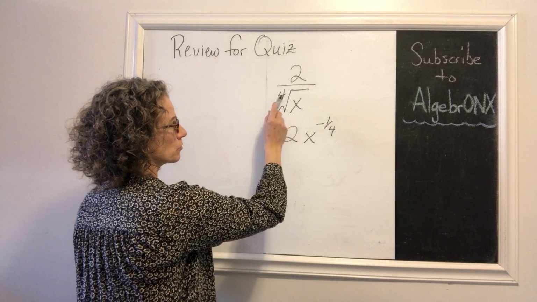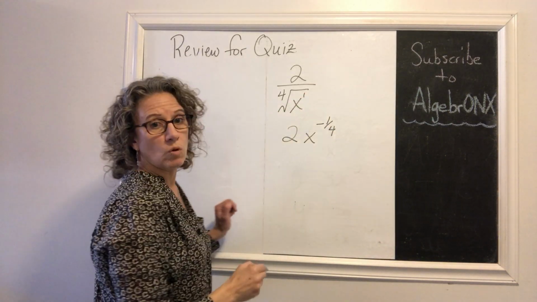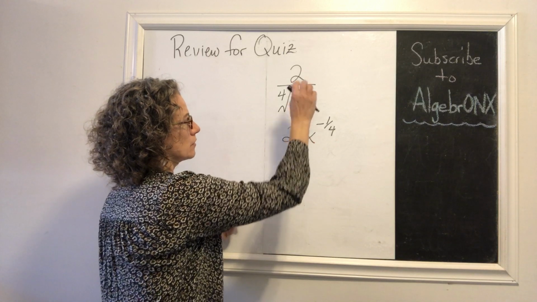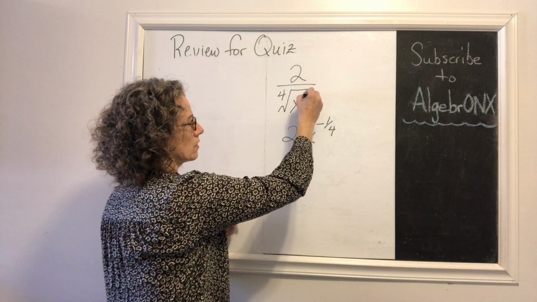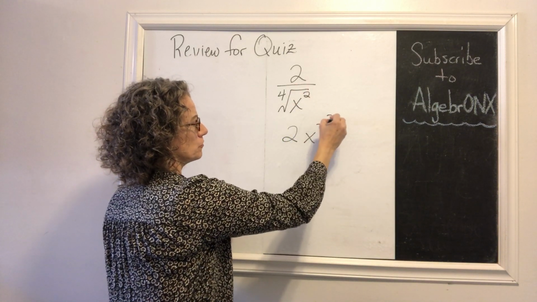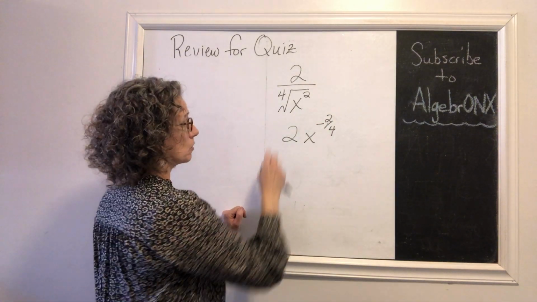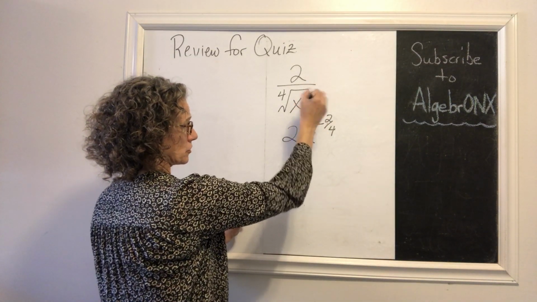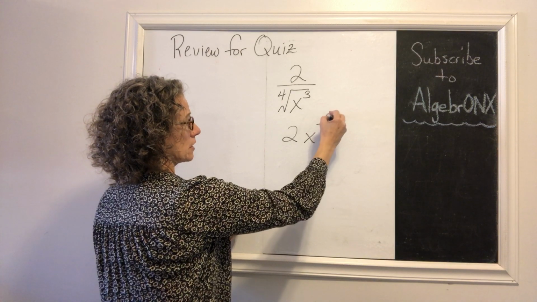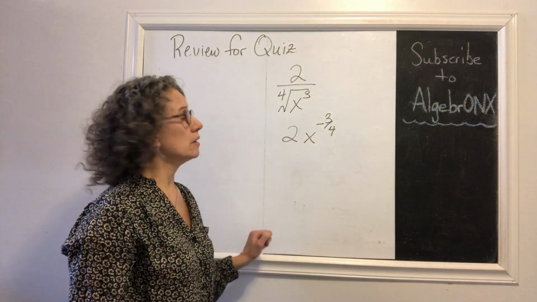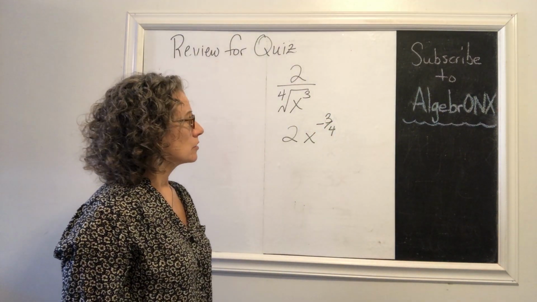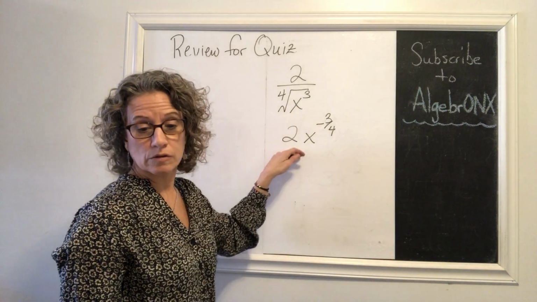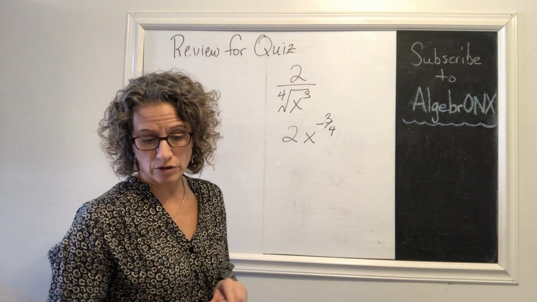So it's power over root. The power is understood to be 1 over 4. If I made that x squared, then it would be 2/4, and then I would reduce it to negative 1/2. If I made it x cubed, then it would be negative 3/4 as the power, and I would leave it that way. So manipulating in this regard is a skill that you need to know how to do.